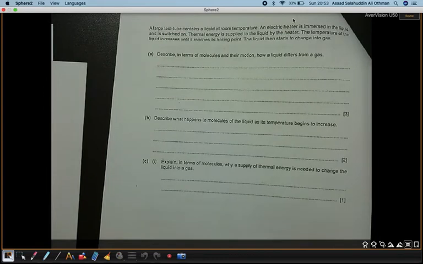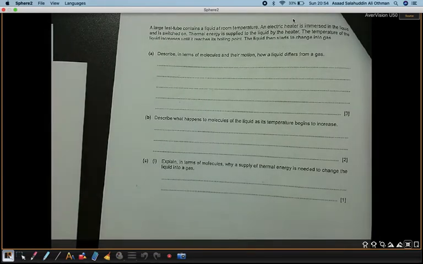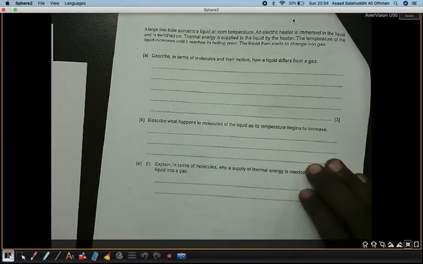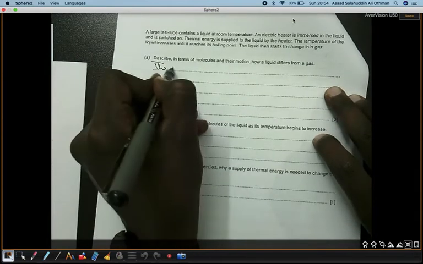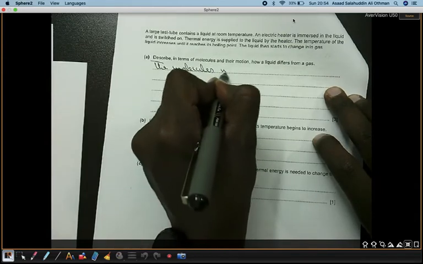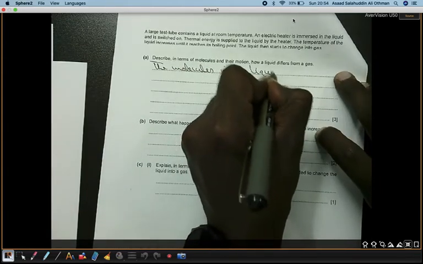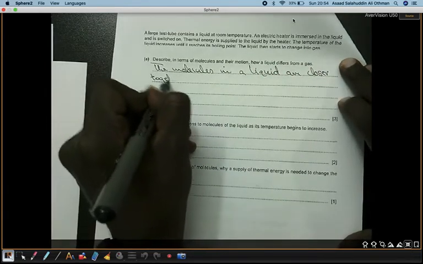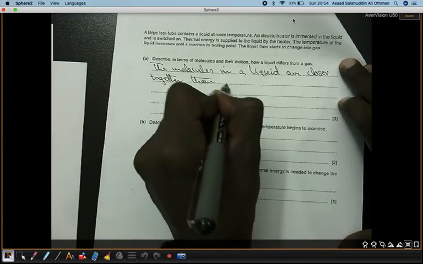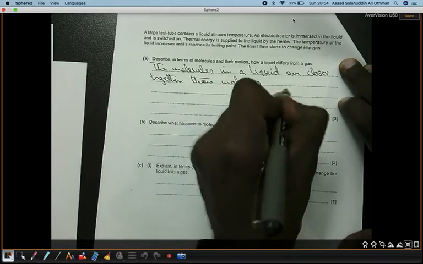Now in this question, it says that a large test tube contains a liquid at room temperature. An electric heater is immersed in the liquid and switched on. Thermal energy is supplied. The temperature of the liquid increases until it reaches its boiling point. The liquid then starts to change into a gas. Describe in terms of molecules and their motion how a liquid differs from a gas. Okay. The molecules in a liquid are closer together than molecules in a gas.